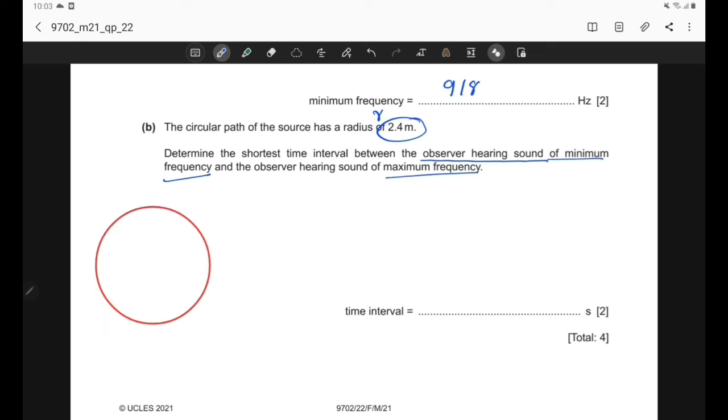So initially we can check at which points of the source the observer can hear minimum frequency and maximum frequency. We have already realized in the previous section that when this object is at the position shown in the figure, the source is approaching the observer, so he can hear the sound wave with a minimum frequency.